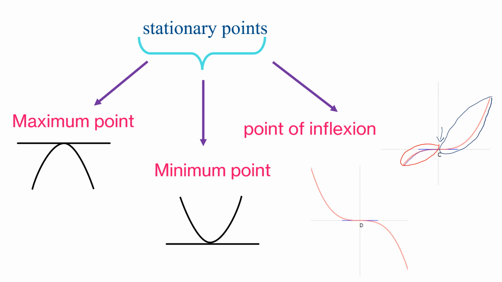So when you have a point that is maximum for some part of the curve and minimum for another part of the curve, we call this a point of inflection. So it is possible for a curve to have a few stationary points.